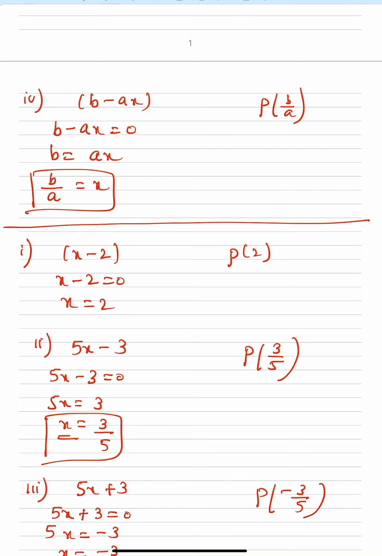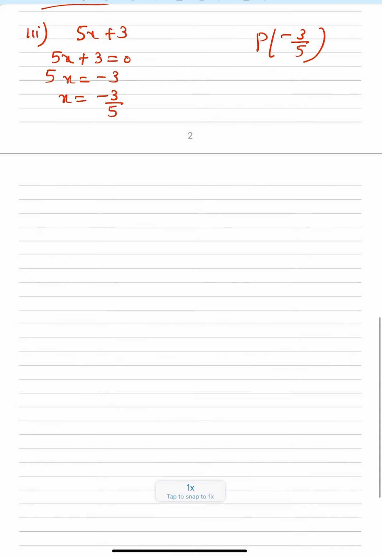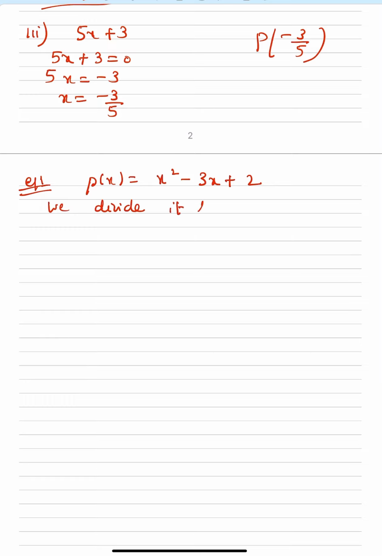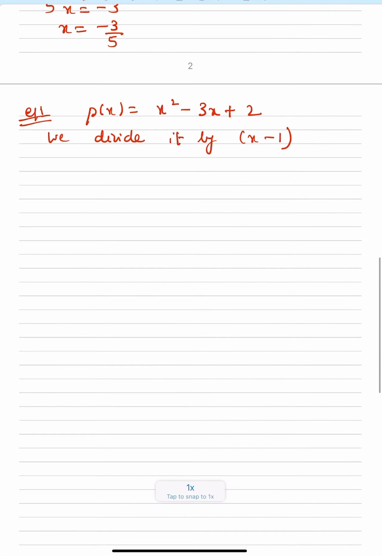Let us take one example. Let me say that p of x is nothing but x square minus 3x plus 2. Okay? And we divide it by x minus 1. Very simple. According to the theorem, if I say x minus 1 is equal to 0, then x is equal to 1.